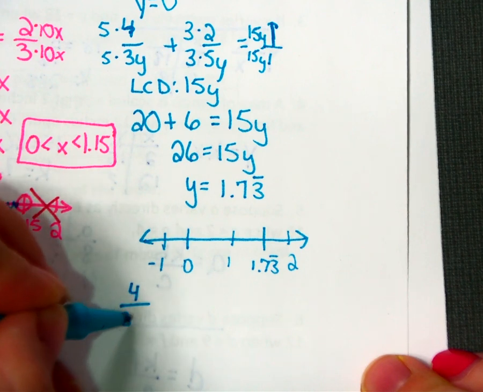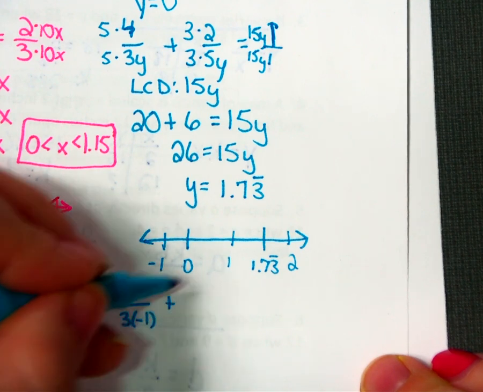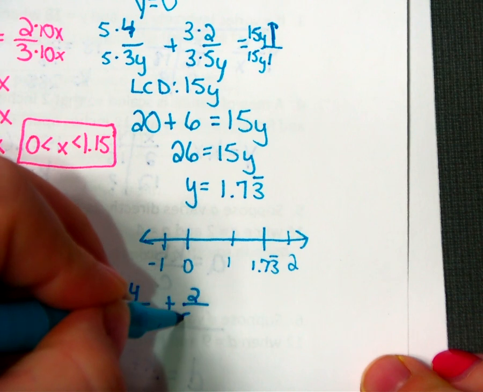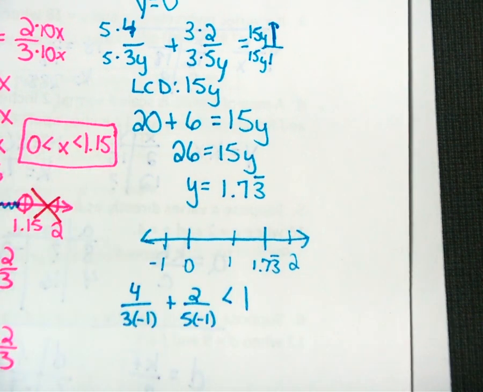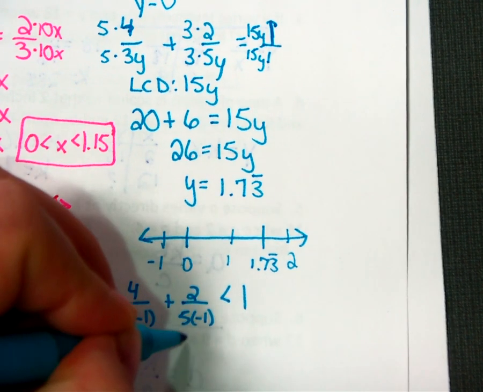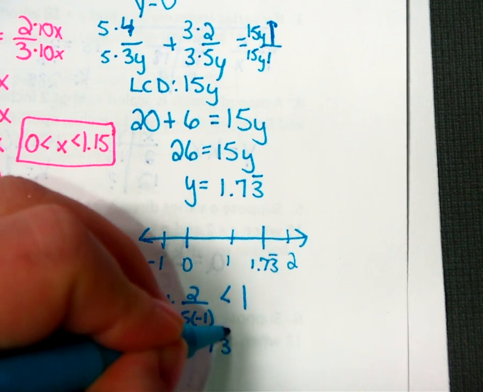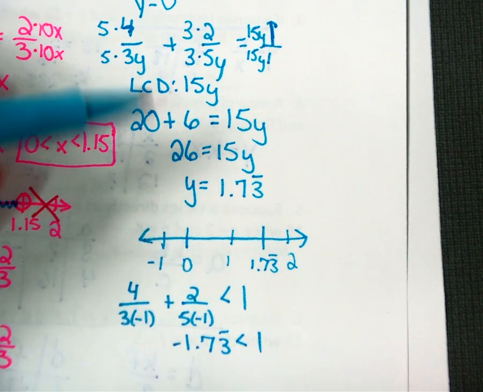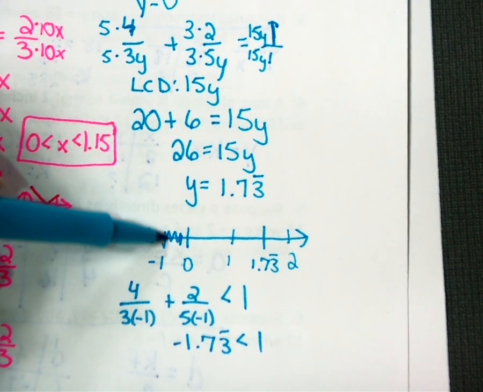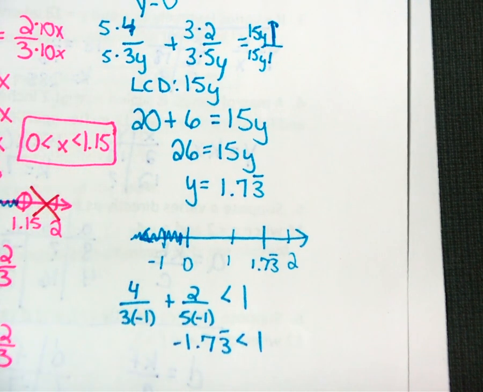So I have 4 over 3 times negative 1 plus 2 over 5 times negative 1 is less than 1. So 4 over negative 3 plus 2 over negative 5, and we get negative 1.73 repeating is less than 1. That's a true statement. So everything below 0 would work.